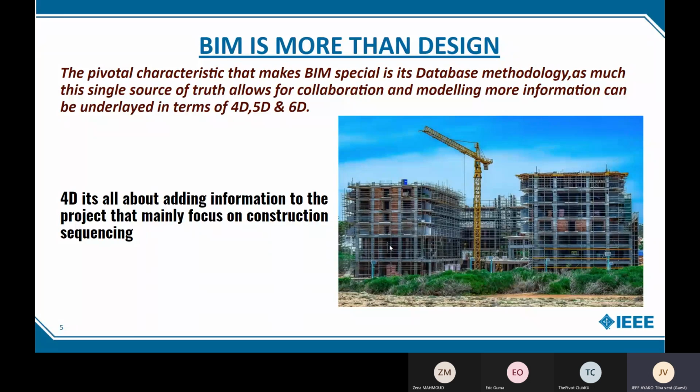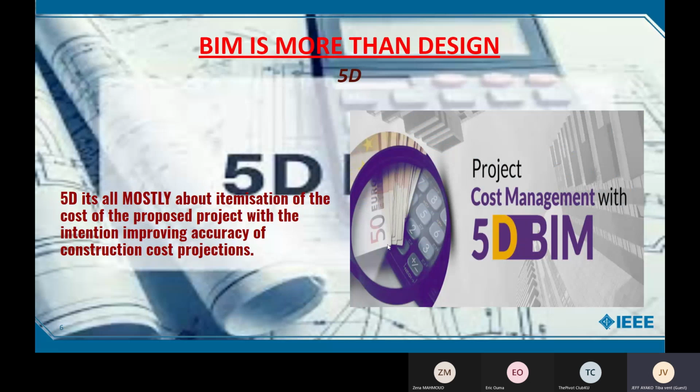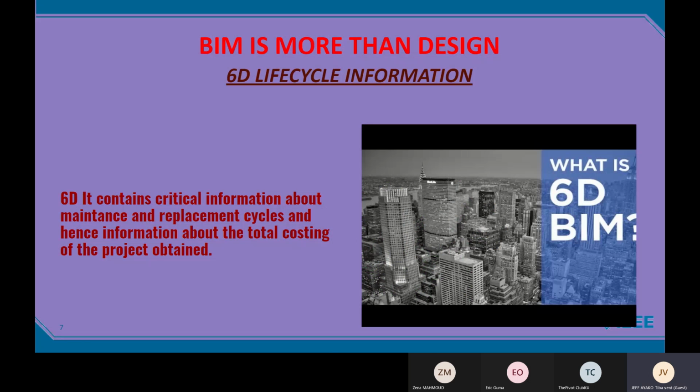Then there is 5D, where we look more at the cost. Then there's also 6D, but we are not going to look at 6D. Our focus today is going to be on cost, crash, and energy analysis.